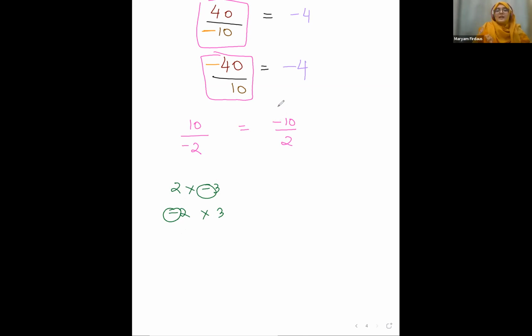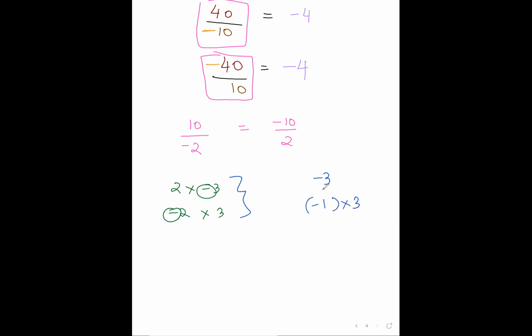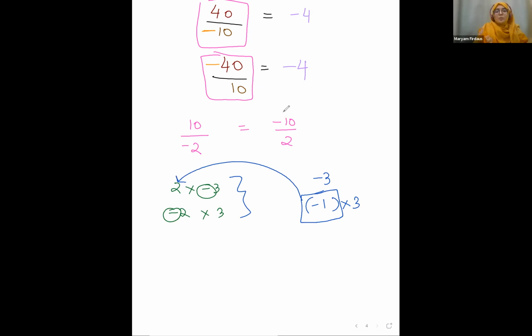Okay. And Hiba, can you tell me why? Do you remember how we proved that both of these are equal? Because of the signs. How are both of these equal? Do you remember what we did? We said that -3 is nothing but equal to -1 multiplied by 3. And then we took this -1 and multiplied it with 2.